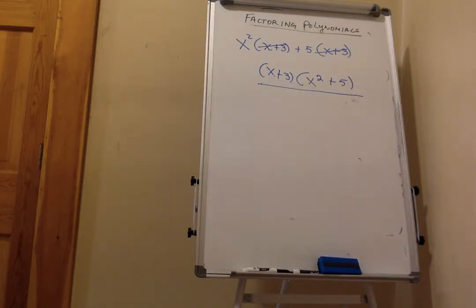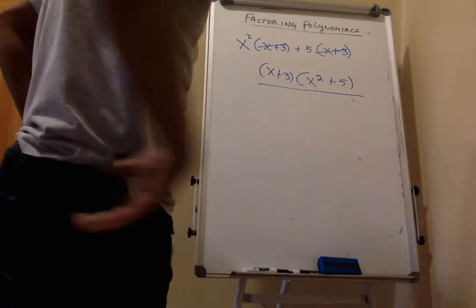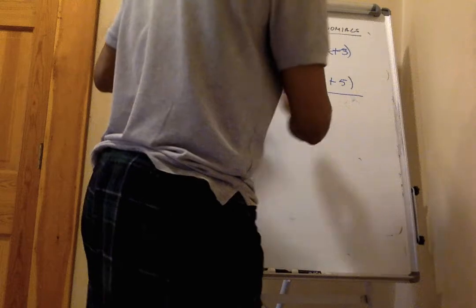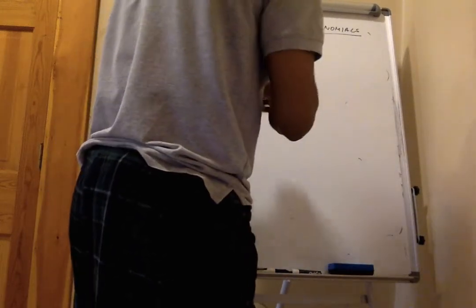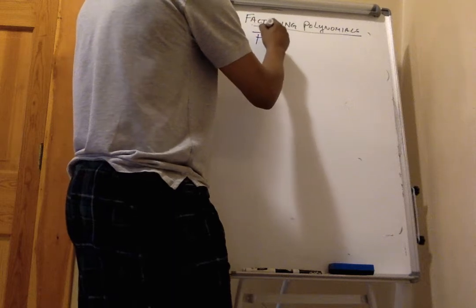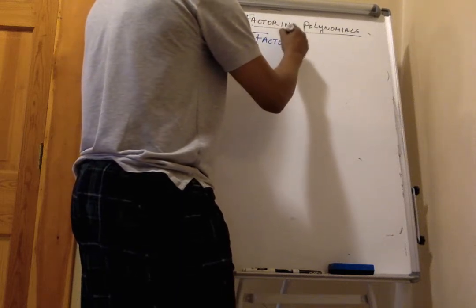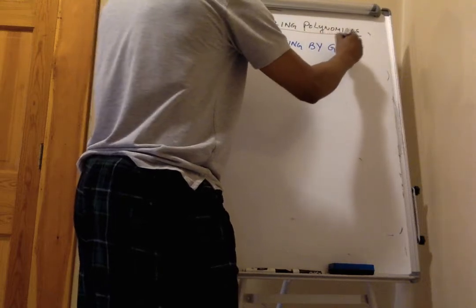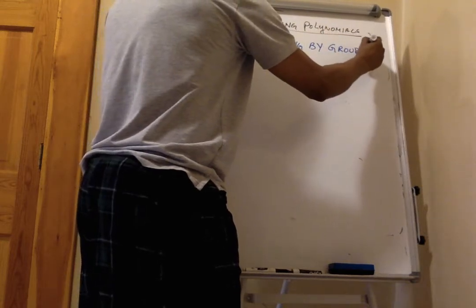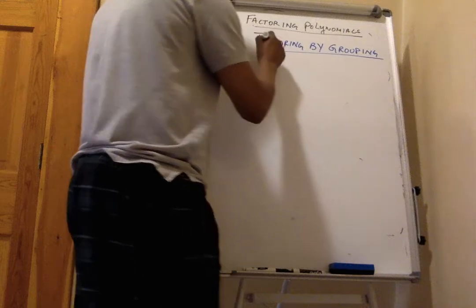All right. Now there is something called factoring by grouping. This happens when you have 4 terms. And this is very straightforward.